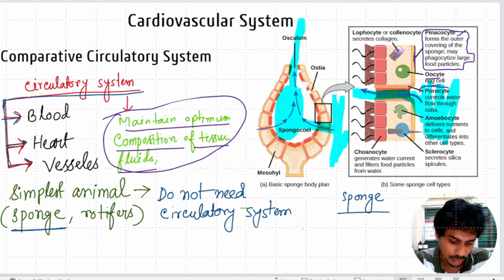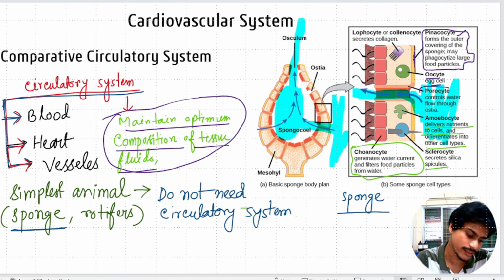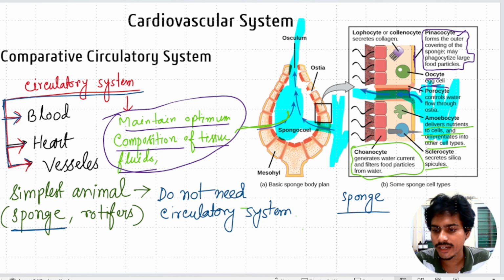So this is the oocyte and porocyte, and there are amoebocyte cells that deliver the nutrients. You can see that they differentiate into other cell types, and there is the sclerocyte that secretes the silica spicules, and choanocytes. So there are only a few cell types, and the main thing is that water enters the body, and they take the essential or nutritious elements according to their food habit.